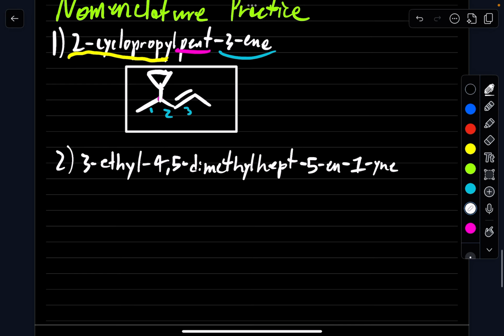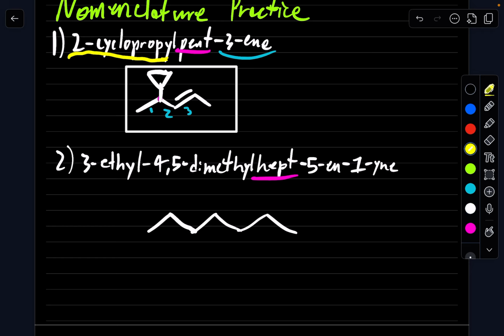Now, this next one looks a little lengthy, but it should be fine if you just stick to the basics, the procedure. So first, we just draw the main chain, which is hept, which means 7 carbons. So 1, 2, 3, 4, 5, 6, 7. And now let's start drawing the substituents.